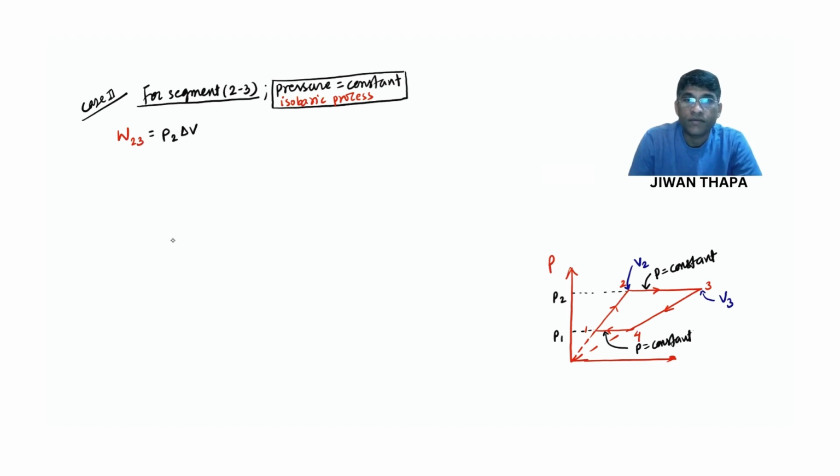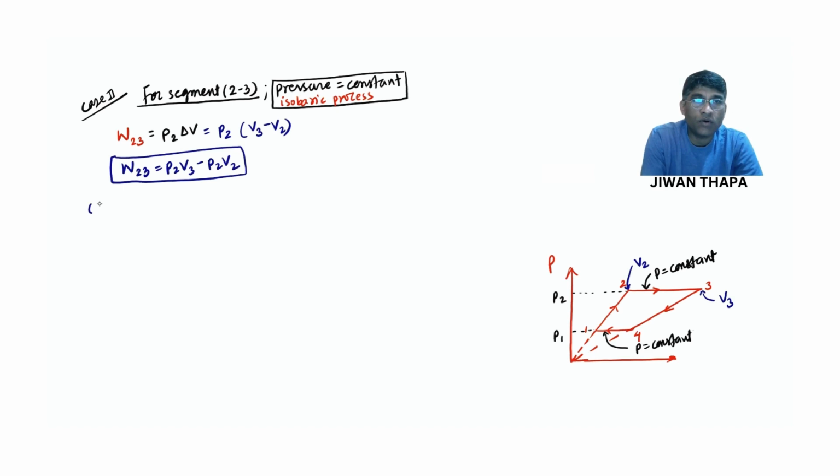So this equals P2 times V3 minus V2. So the work done for segment 2, 3 equals P2 V3 minus P2 V2.